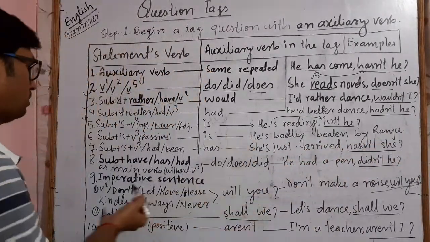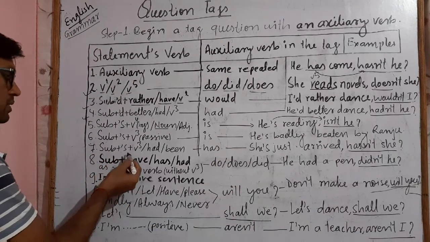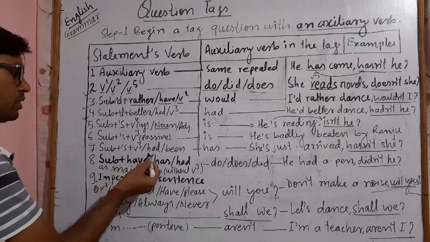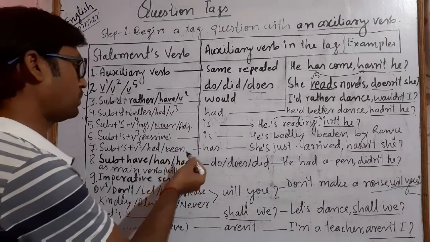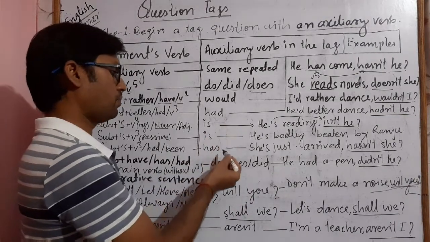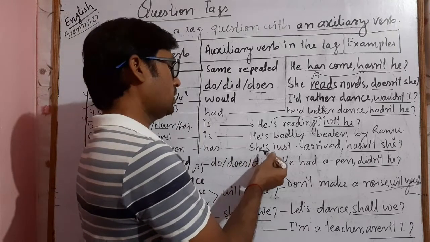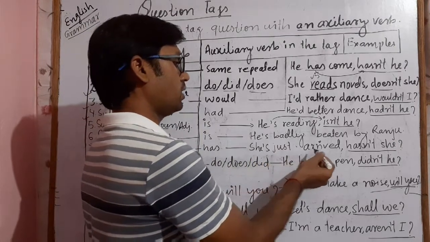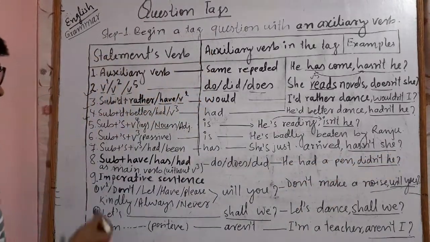It is in the passive form. Number 7: subject plus apostrophe s plus verb 3, had or been. You have to use has as the auxiliary verb. Example: she's just arrived, hasn't she?